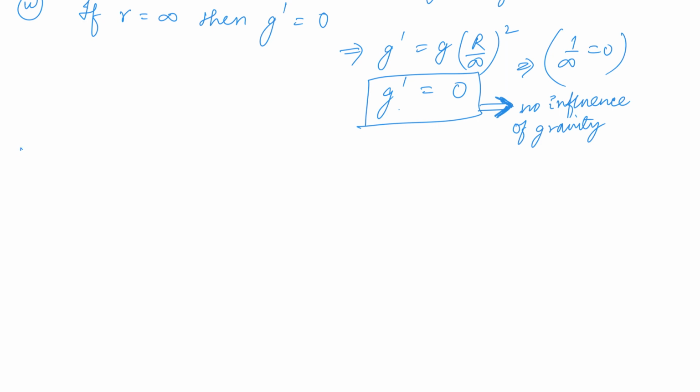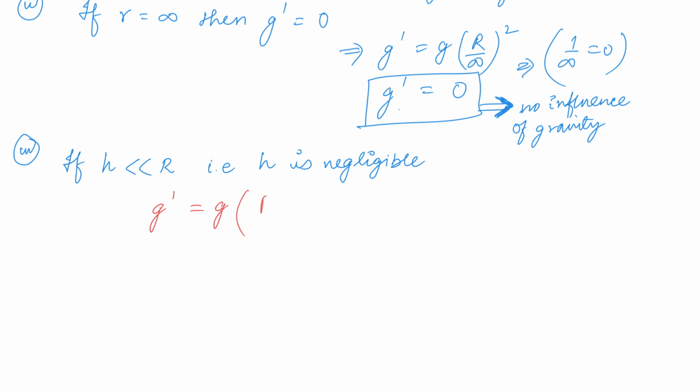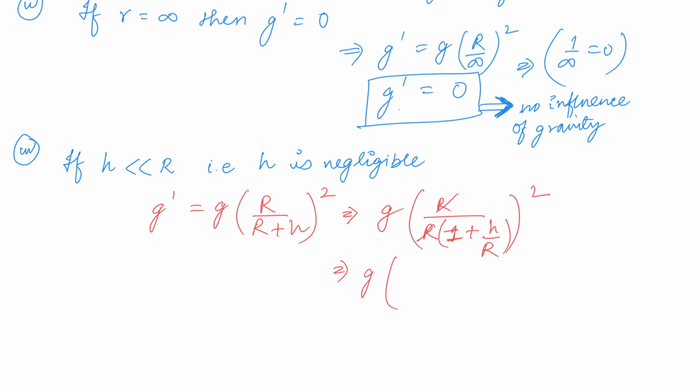Third point, suppose small h is very much less than the radius of the earth, that is, h is negligible in comparison to R. Then the equation g dash will be g R upon (R plus h) square, and it will become g, if we take R as common, g into (1 plus h upon R) whole square, this will be cancelled out, we will get g (1 plus h by R) to the power minus 2.